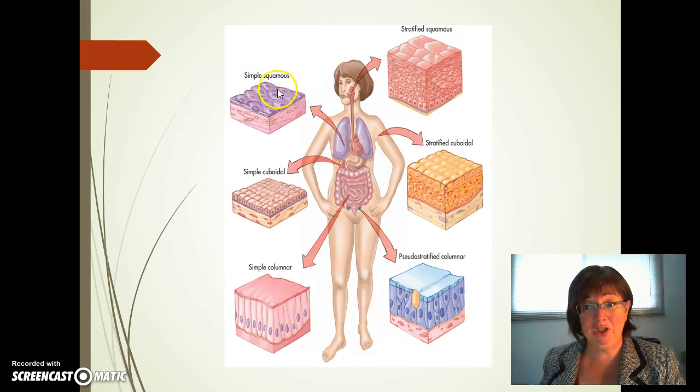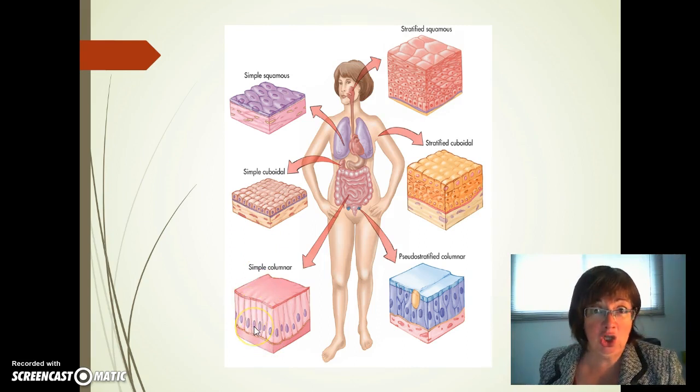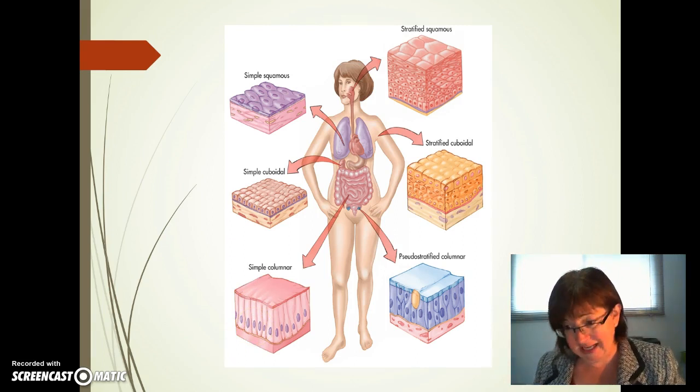So this is simple squamous. Then these ones look like cubes, and these are found in your kidney tubules. And that is cuboidal. And then inside your gut, your intestines, are these tall, long columns, and that's called columnar. So the first way to classify epithelial tissue is based on shape.